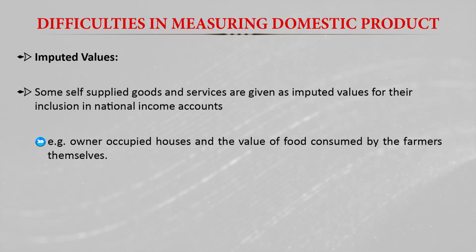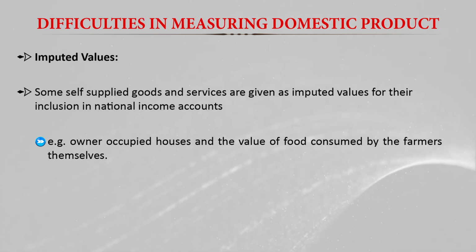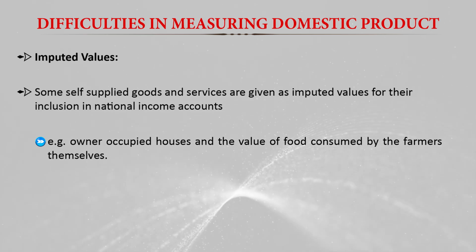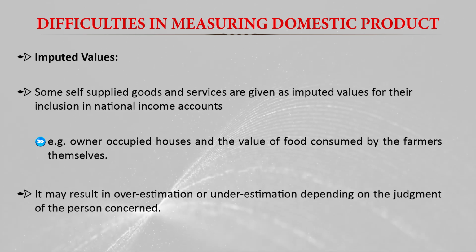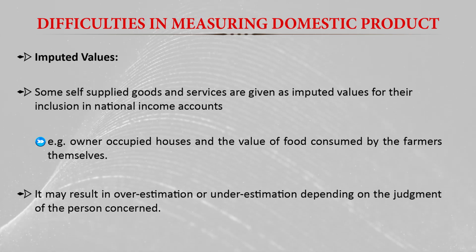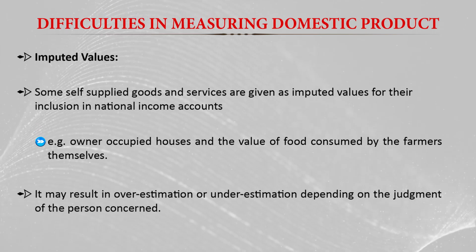For that purpose, we are using some imputed value, because market price is not available for that purpose, and it may result in sometimes overestimation or sometimes underestimation, depending on the judgment of the persons concerned.